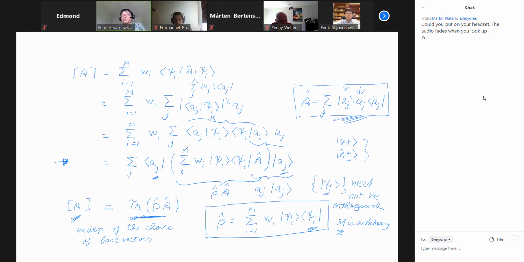In the case of a pure ensemble, all the particles are in the same state, but in the case of a mixed ensemble, the particles can be in different states. So the weight of the ensemble is given by this w_i, which tells us the fraction of the particles in the state psi i.